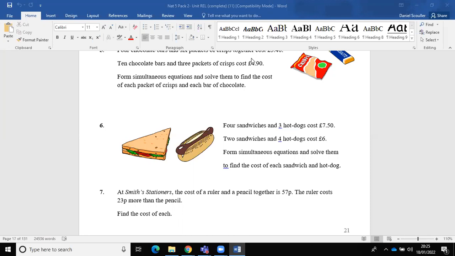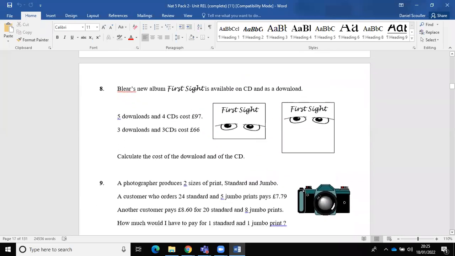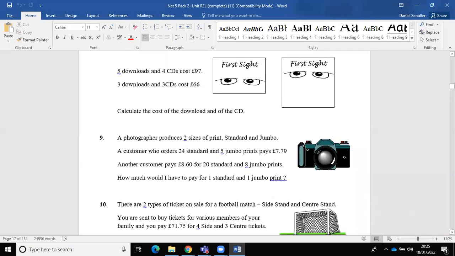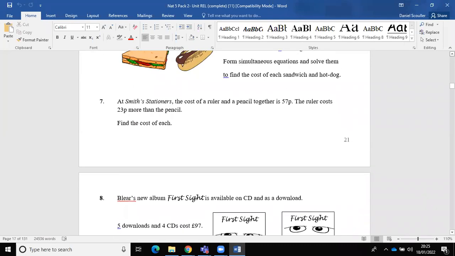My plan was to put you in 3s, but someone just disappeared. I don't want to leave someone as a 2, so I'll put you in a 4 and a 5. All I'm looking for you to do is introduce each other, say hi, and then have a wee go at the questions, as far as you can really, 8, 9, 10, and then talk it through with each other.